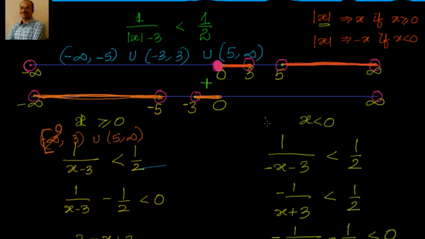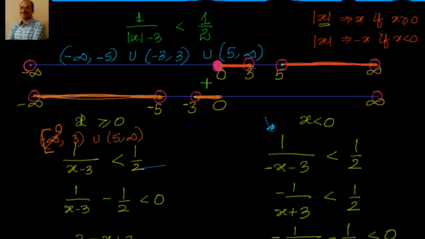Now coming to the next one, where x is less than 0, mod of x will return minus x, and if you solve it, your solution will be minus infinity to minus 5, and union minus 3 to infinity, but I cannot go beyond 0, so I should stop at 0. So the solution will be minus infinity to minus 5, union minus 3 to 0.